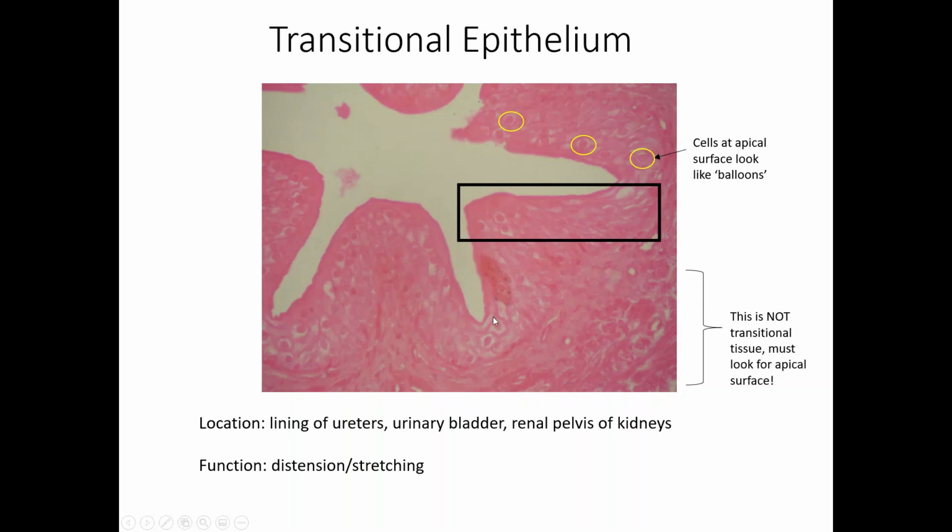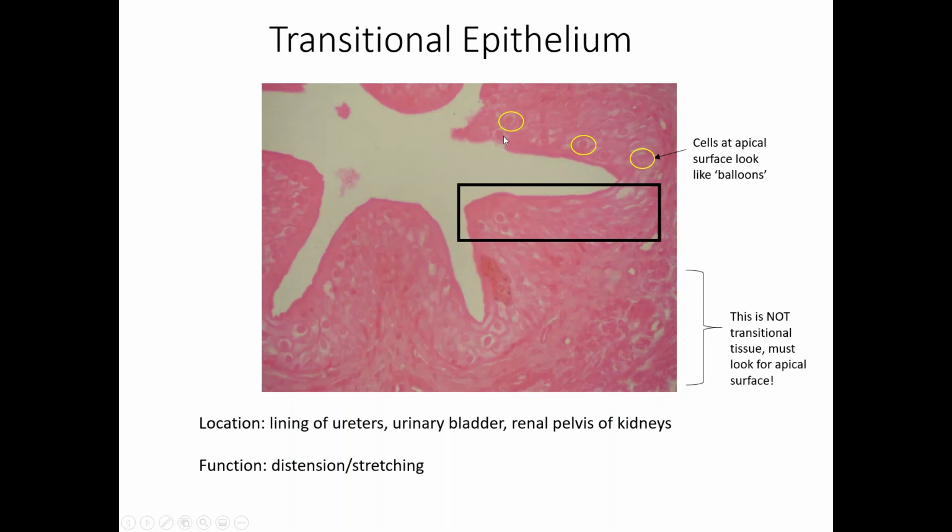Okay. If you look farther back, and I try to highlight it here, if you look farther back in here, this is not transitional tissue. Way back here. So again, we're looking for an apical surface for epithelial tissue, and the apical surface is always going to have some sort of empty space up at the top, and so the top this time just happens to be kind of this star-shaped appearance, and that's okay, but we're looking for the shape way up here.